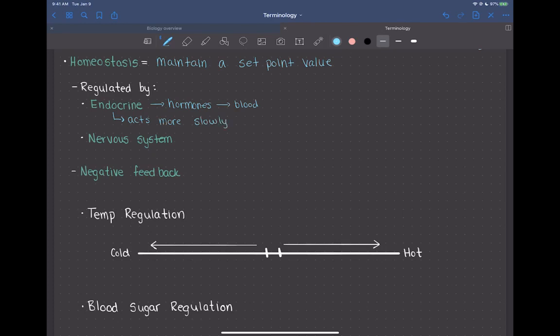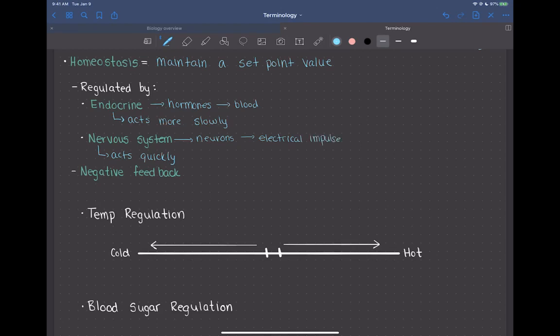Okay, and so with the nervous system, it's going to be very fast. So it acts quickly. We're going to learn about this this semester. We have nervous system at the end of the semester. All right, so it's going to act through neurons. And they're going to send, for now we're just going to call them electrical impulses, which are very quick.